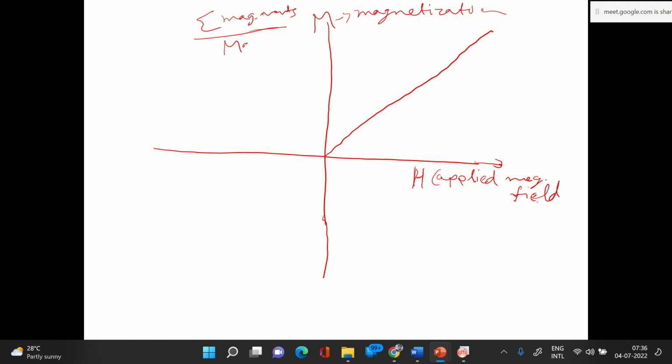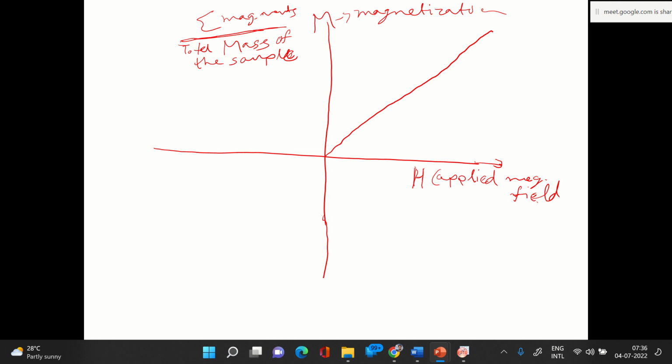Current mass, so total mass by total mass of the sample. So in a given, so total summation of it, so that is M, capital M.